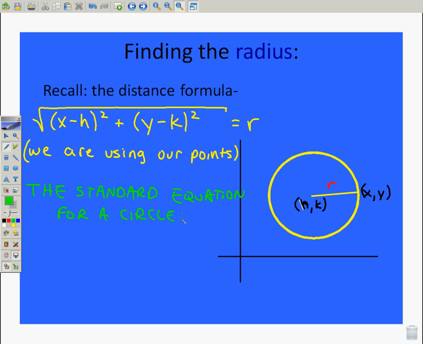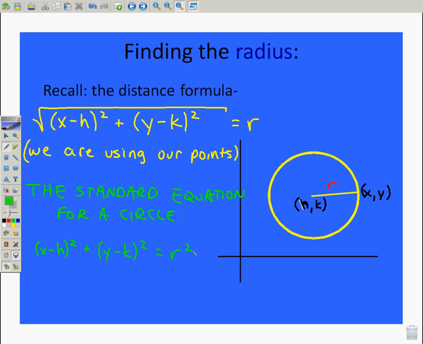We're going to square both sides of this distance formula. So we're going to have x minus h squared plus y minus k squared is equal to radius squared. Okay, so we square both sides of this distance formula, telling us that we have all of the points around the outside because h and k are the center and x and y are some point on the outside of the circle. So it could stand for any of the points on the outside of the circle.